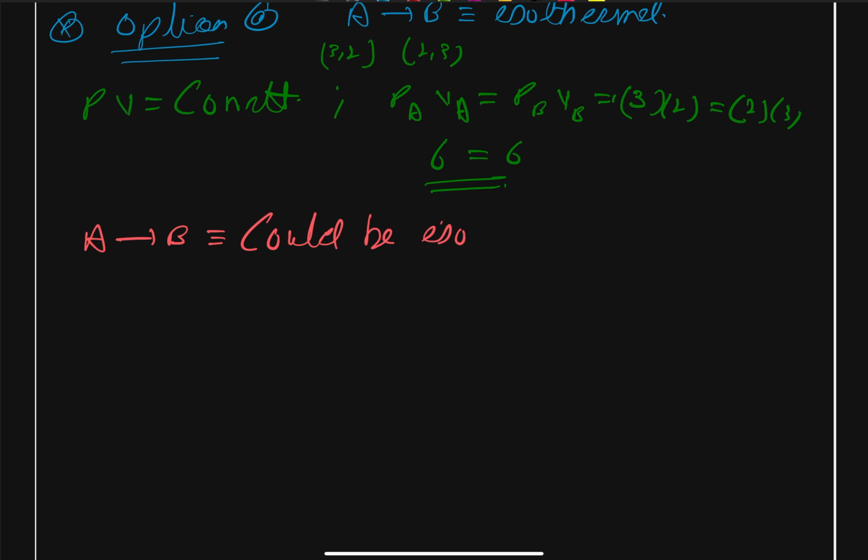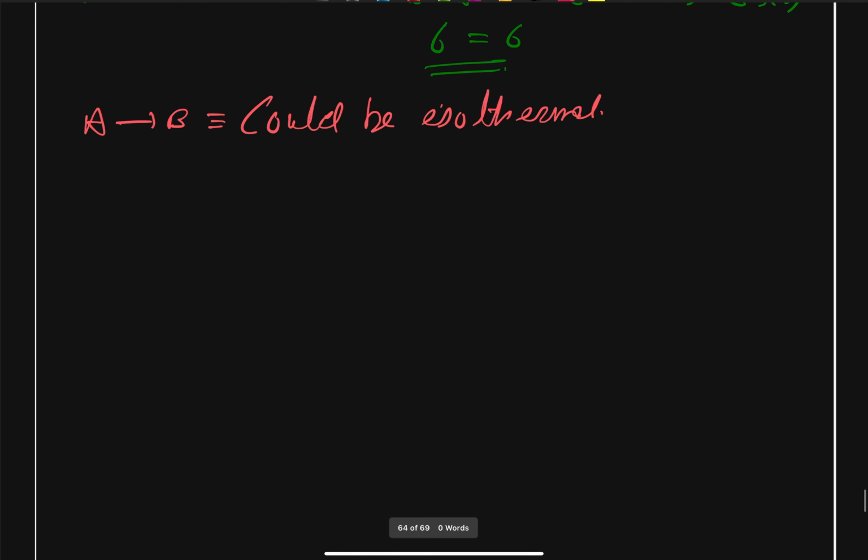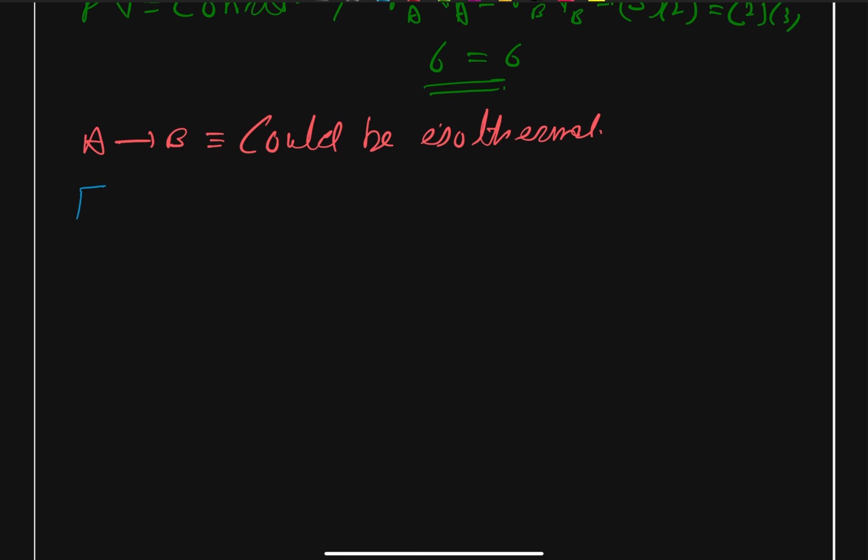Therefore, let us consider our semicircle. For the semicircle, we can write the equation: P minus 2 whole square plus V minus 2 whole square is equal to 1.